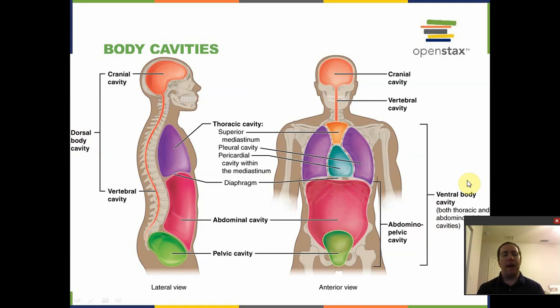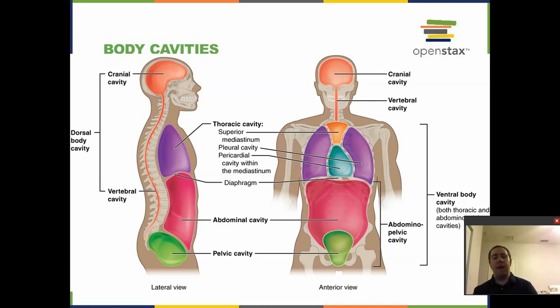The dorsal body cavity contains your brain and your spinal cord, period. Nothing else. And the dorsal body cavity is made up of two smaller cavities. The cranial cavity, which is where the brain is, and the vertebral cavity, which is where the spinal cord is.